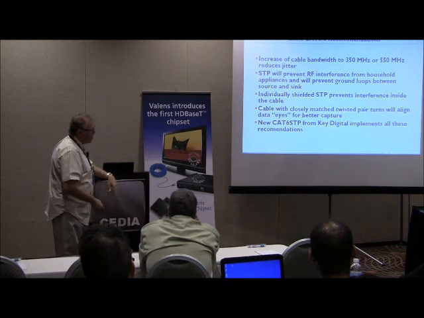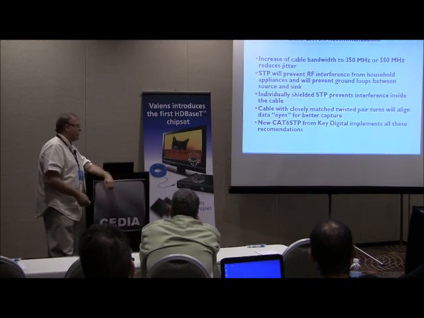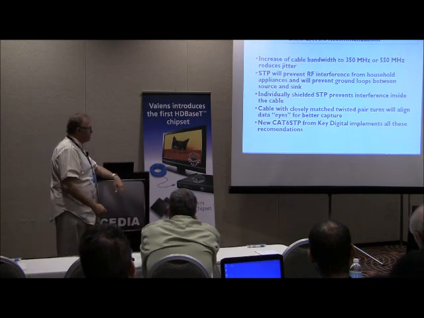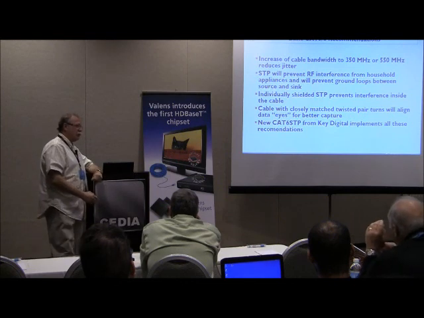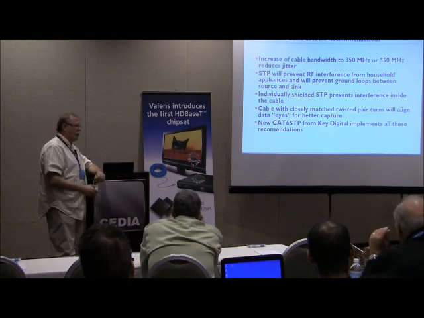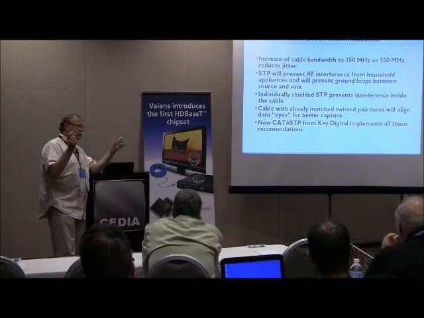Shielded twisted pair is a very good idea. I recommend it highly, because it can prevent RF interference from outside of the cable, especially on the long run. There's another good advantage of using shielded: when you use shielded twisted pair, you actually connect the ground of transmitter and receiver together through the shield.